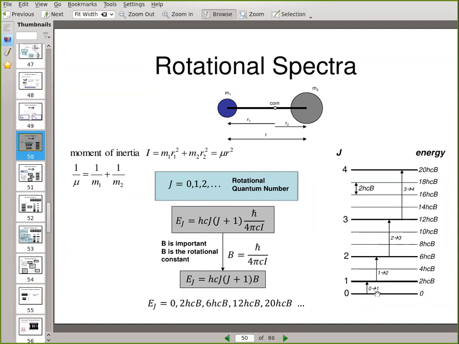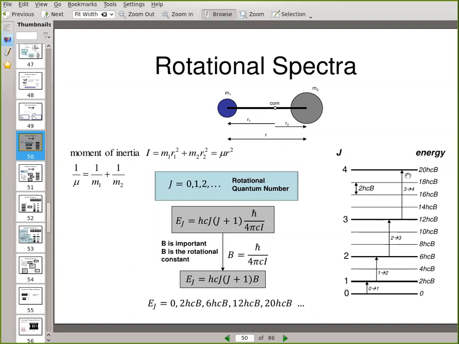But what's interesting is what's the difference between these energies? So this energy of absorption, what's the difference between it and the next? Well, let's have a look at the difference between this jump and that jump. Can you see that the difference between those two jumps is 2hcB? And what about the difference between this jump and that jump? It's also 2hcB.